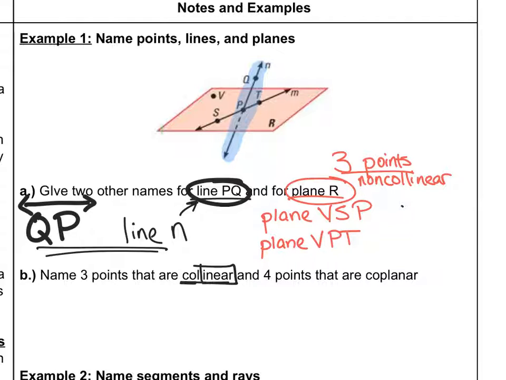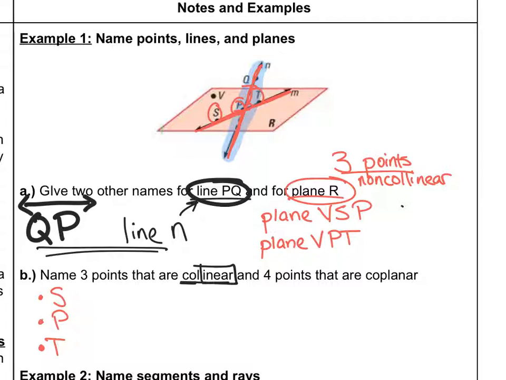My only 2 options for this are this line right here or this line right here. This line right here only has 2 points, Q and P, whereas if I use this one, I have S, P, and T. So 3 points that are collinear would be point S, point P, and point T.